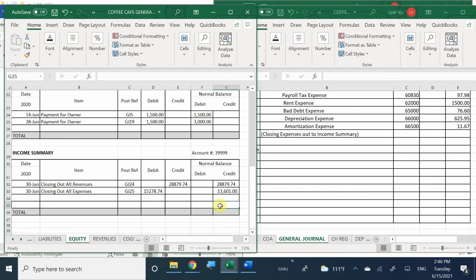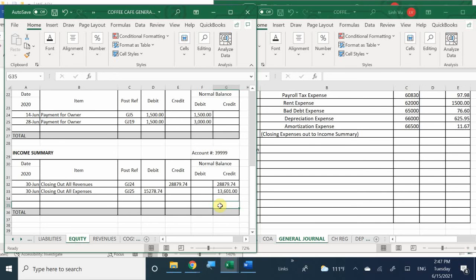Because it's an equity account, it will have a normal credit balance. Oh, I did it twice. Equals balance plus debit minus credit. Oh, no. Mine's just coming up to 44,158. You're adding credits and you're subtracting your debits. That's where I'm missing it.